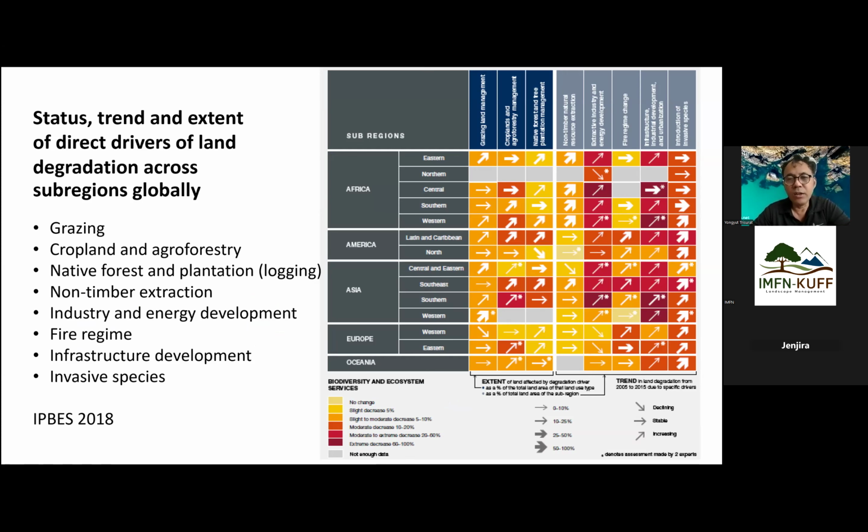of the drivers or the pressure that caused the land degradation by region. So they have Africa, America, Asia, Europe, and Oceania. So the drivers or the factors include the direct drivers: grazing, cropland and agriculture, native forest and plantation.